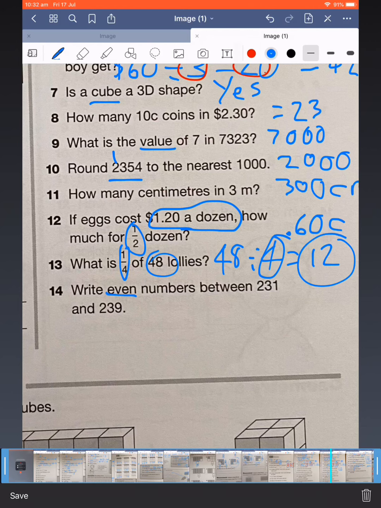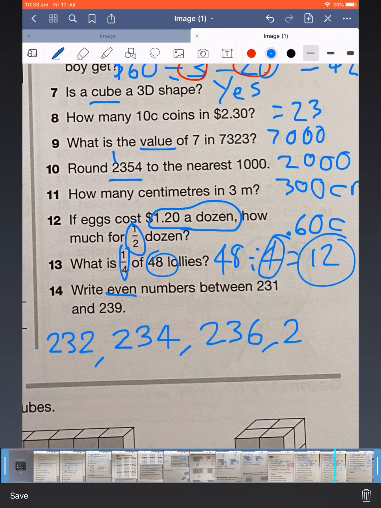Write even numbers between 231 and 239. So just the even numbers. Okay. 232. 234, okay, because they always end in the 2s, the 4s, and the 6s. So I'm going to put that one there as well. Also ends in 8.